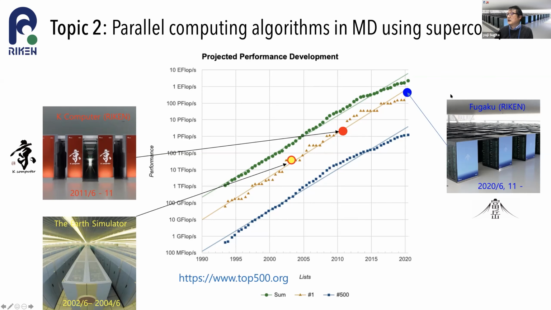And now the Fugaku supercomputer, my background computer, is the top of the world. And fortunately, this month, the new TOP500 was reported. And again, this year, Fugaku is the fastest in the world.